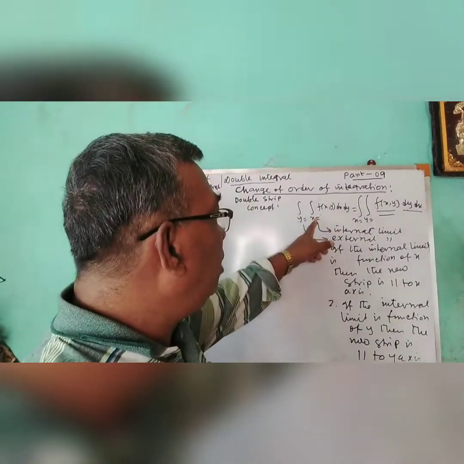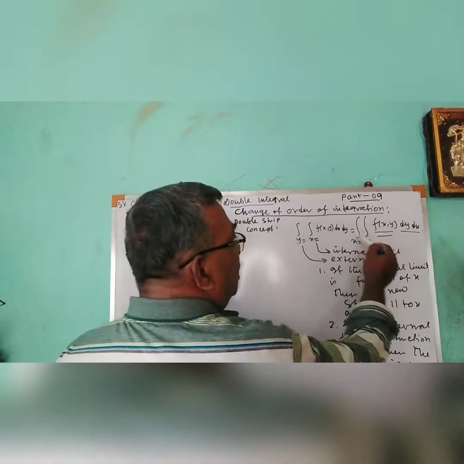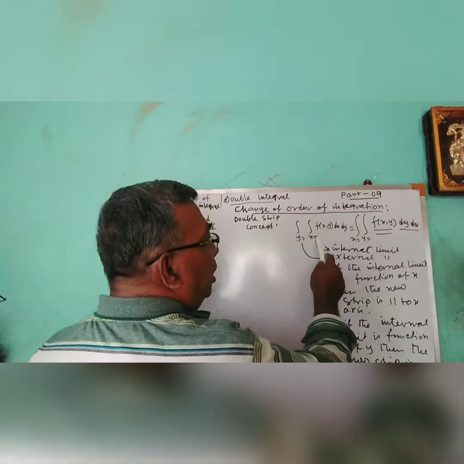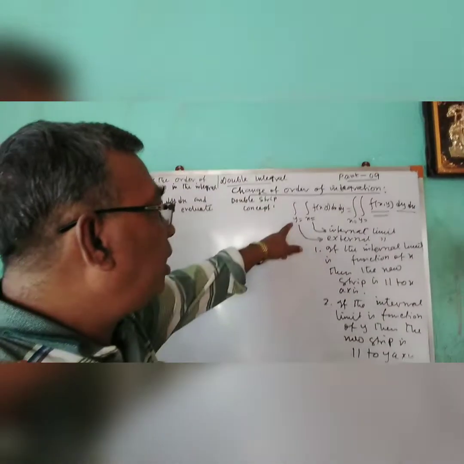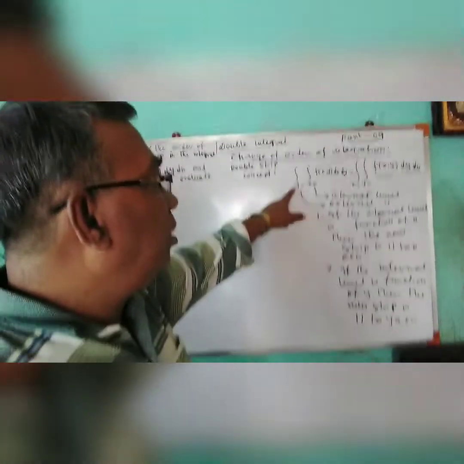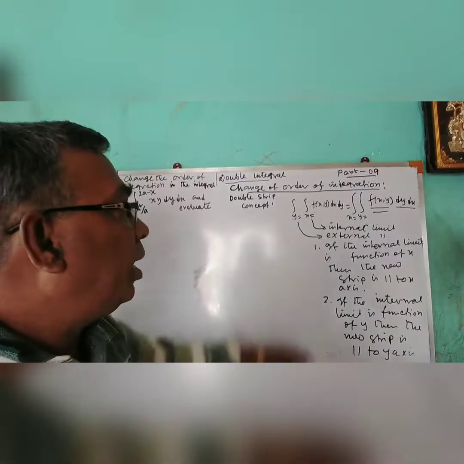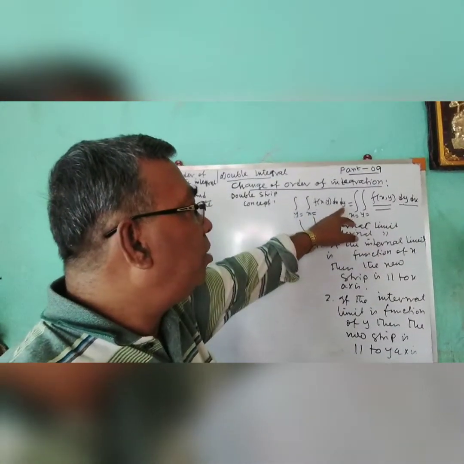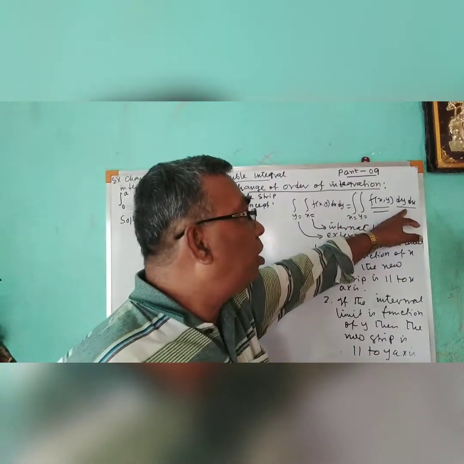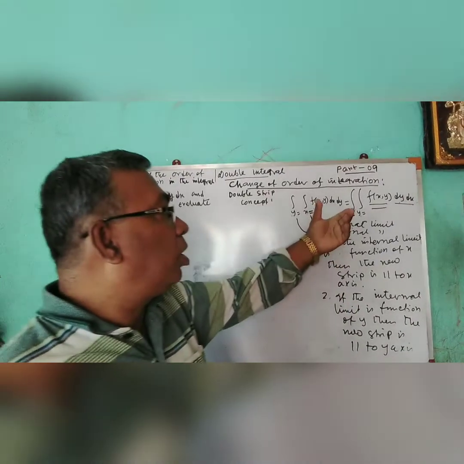If the internal limit becomes x equal to something after changing the order, then the internal limit will come y equal to something. The external limit is y equal to something, this to this, then it comes x equal to this to this. And f(x,y) remains the same, it doesn't change, and dy dx changes into dx dy.